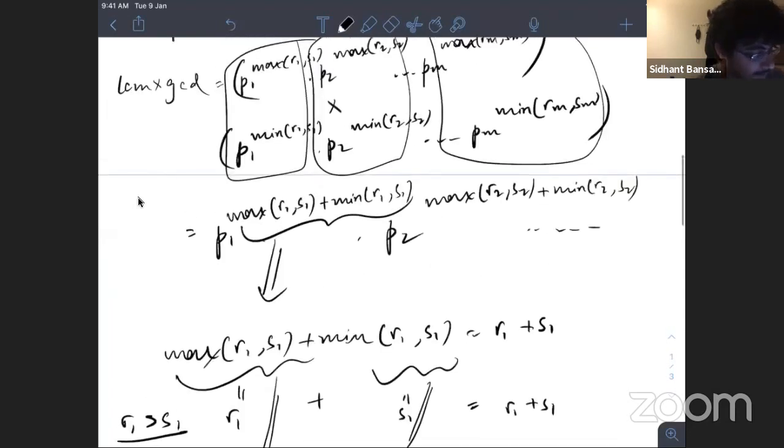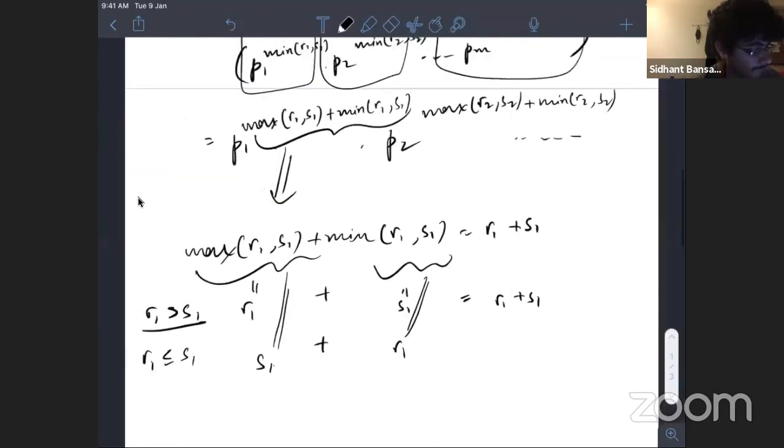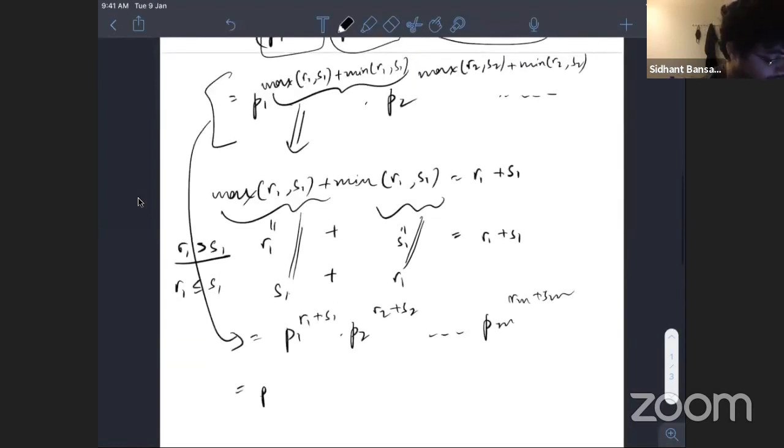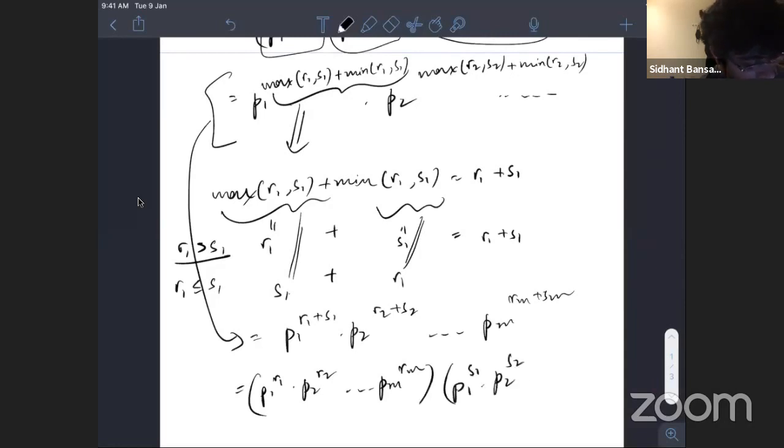So you can simplify this expression as P1 to R1 plus S1 times P2 to R2 plus S2, and so on till PM to RM plus SM. And you can break this again saying P1 to R1 times P2 to R2 times PM to RM as one entity, and P1 to S1 times P2 to S2 up to PM to SM as the next entity.